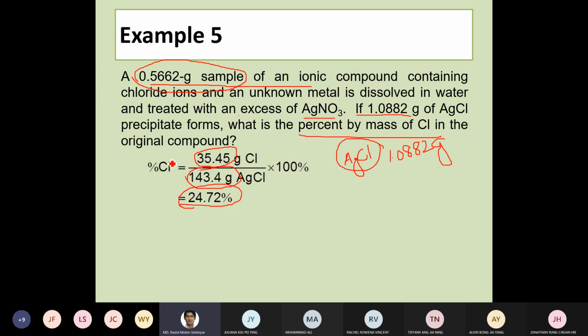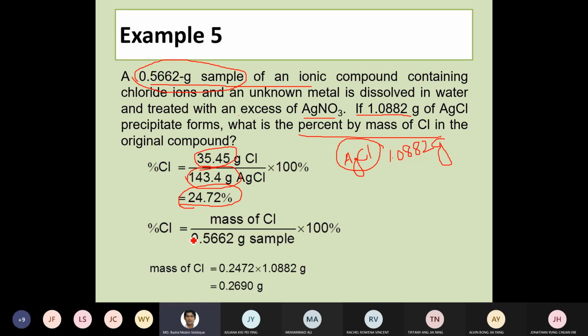So percent of chlorine in silver chloride is 24.72%. So the chlorine in the mass of sample will be like this amount, 0.2427. This is the percent of mass.